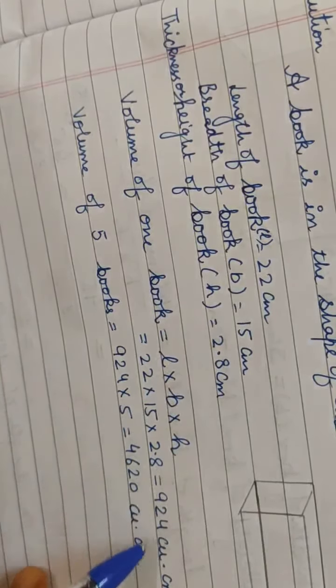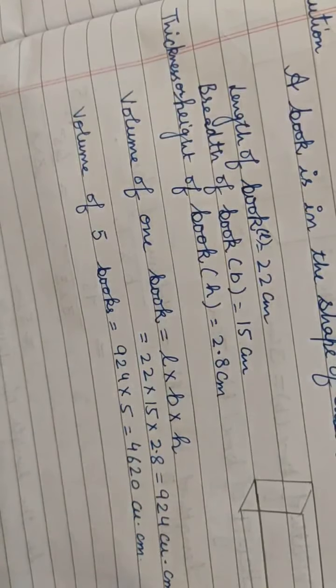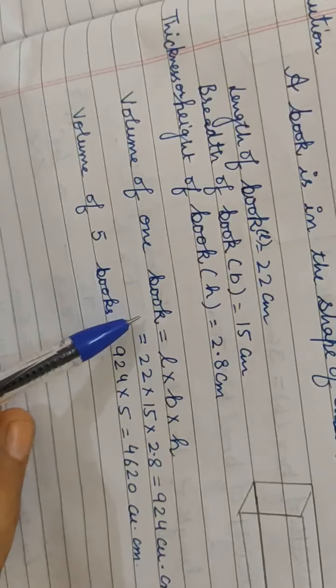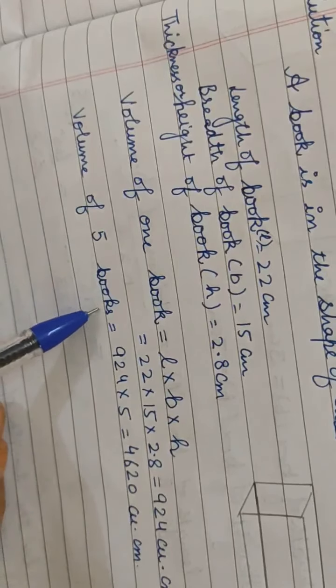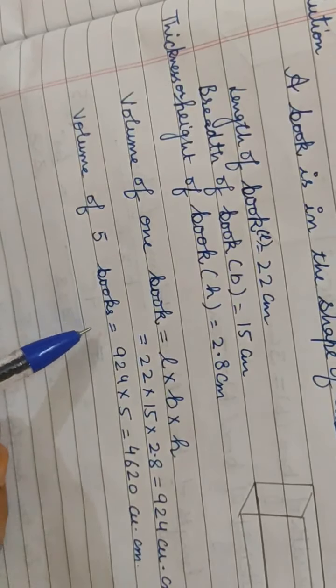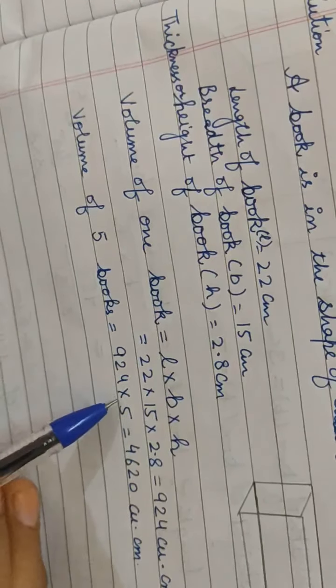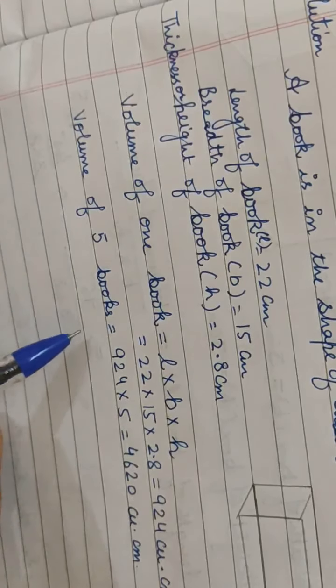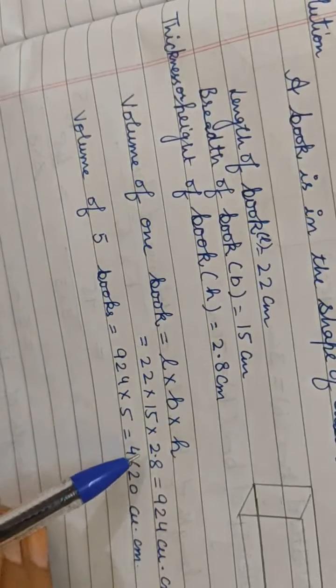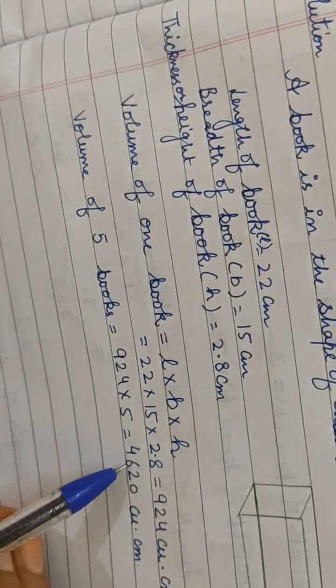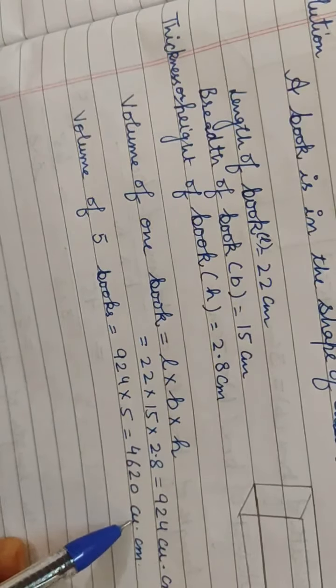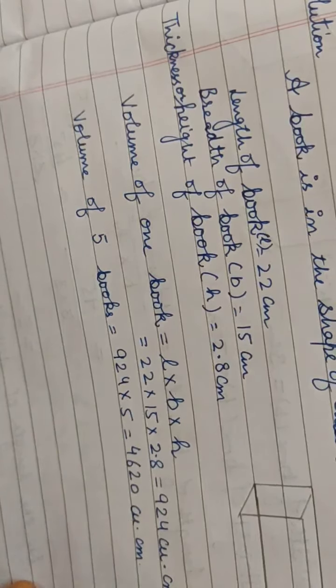When we multiply these numbers, we will get 924 cubic centimeter. This is the volume of one book, and we have to find the volume of 5 books. So multiplying the volume of one book by 5, we will get the volume of 5 books, and the answer is 4620 cubic centimeter.